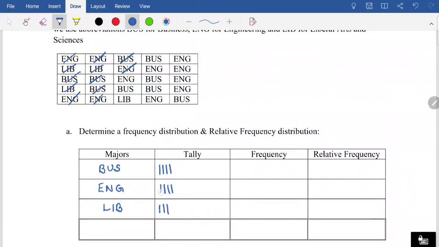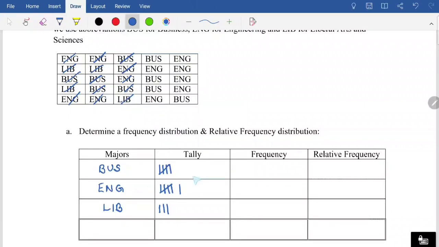So we have to bundle it by crossing out the four tallies diagonally, all right? So this is a bundle of 5. Next one is again ENG. So we start another bundle. Then BUS, again we bundle that together because that's the fifth appearance of BUS.